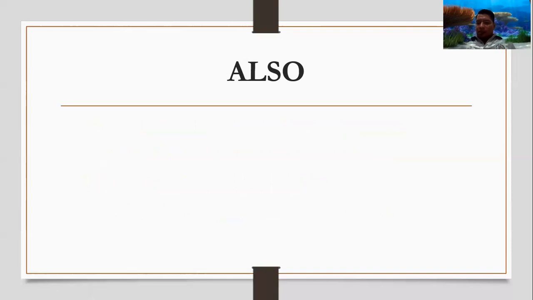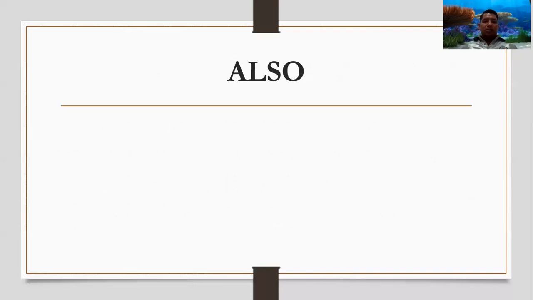As I said, to add information, and also comes before the main verb. Also is used in the middle of a sentence. In the middle of a sentence, remember, it is before the main verb.